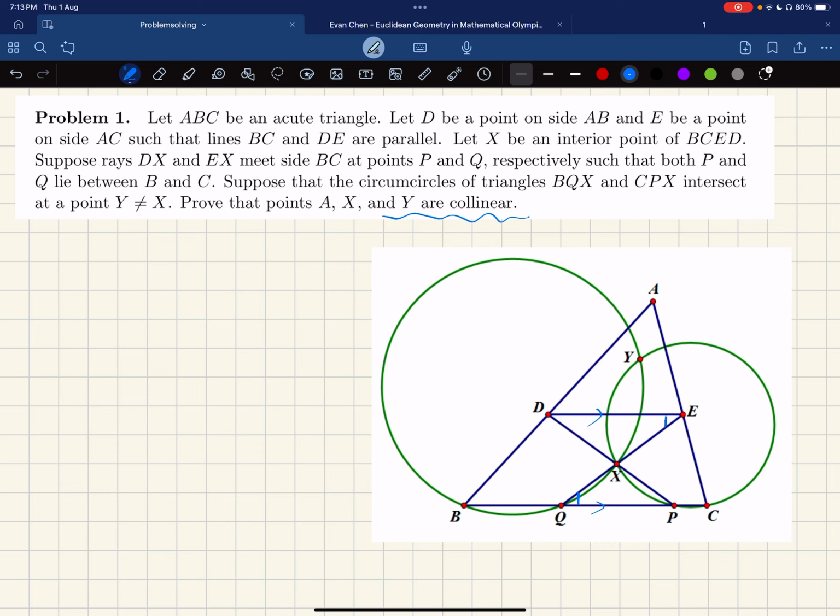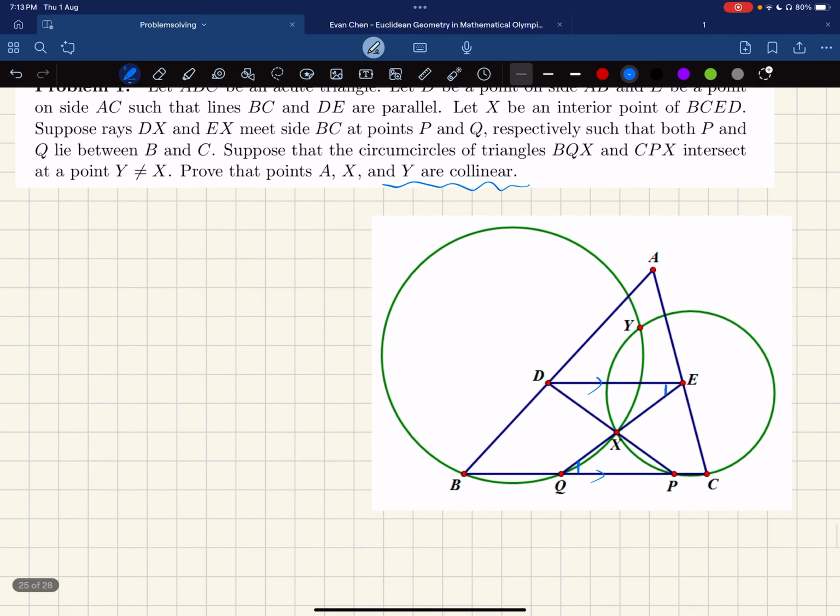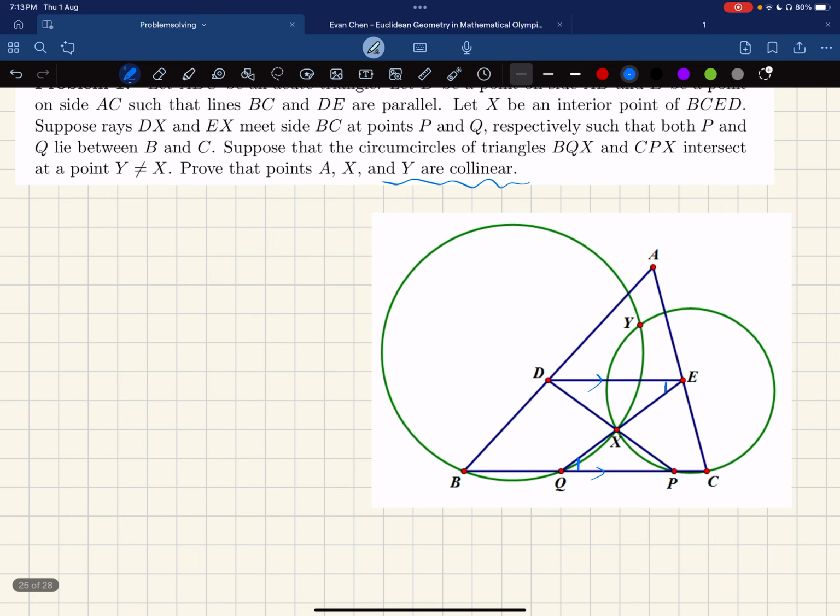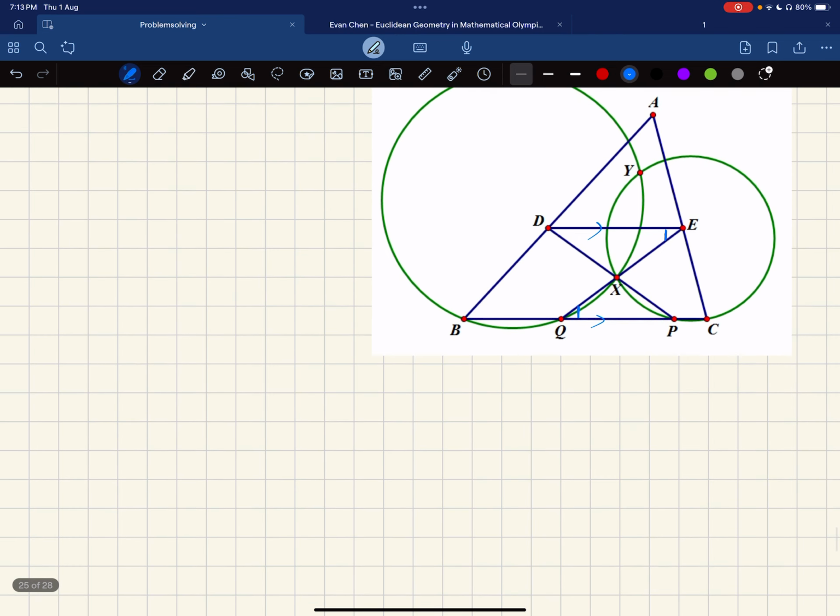So, talking about collinear, what methods do we have to prove points collinear? The first method is, if we have 3 points A, B, C, we prove that angle ABC equals 180 degrees.